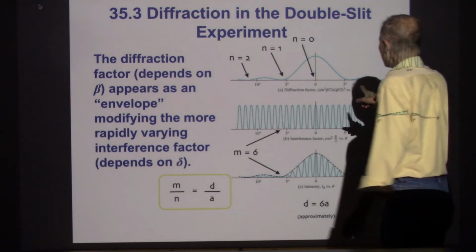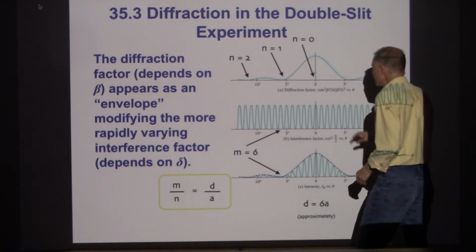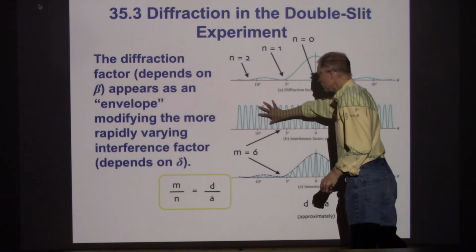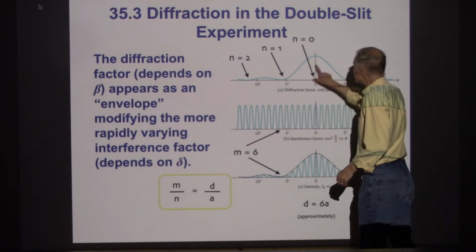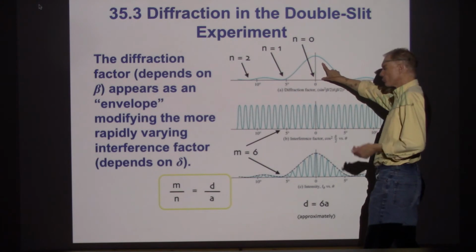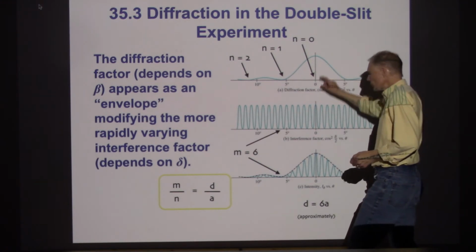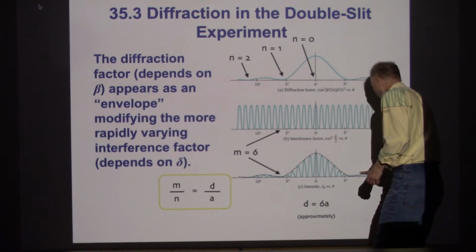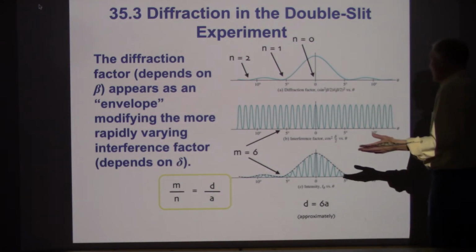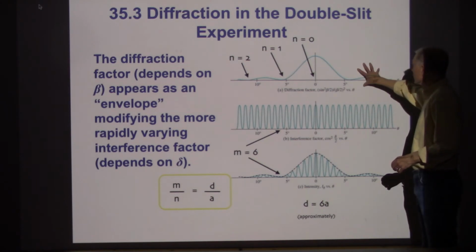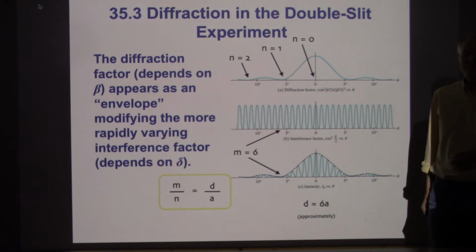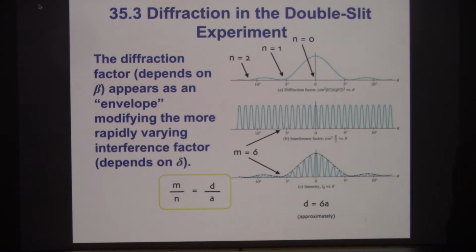So I can multiply these two factors, and what that means is I will get a two-slit interference pattern inside what we call a diffraction envelope. This becomes a diffraction envelope on the intensity because, if this is the limiting effect of diffraction, I'm not going to have any intensities that go above that factor.